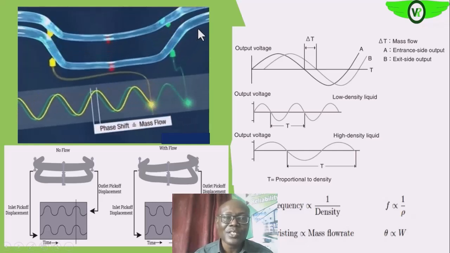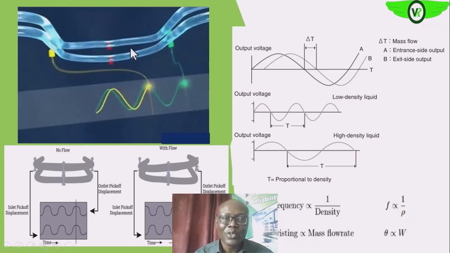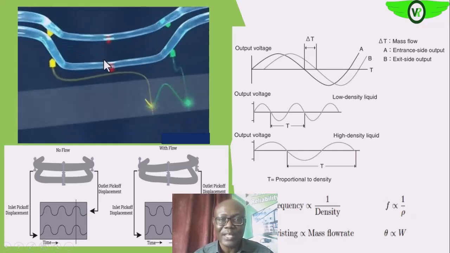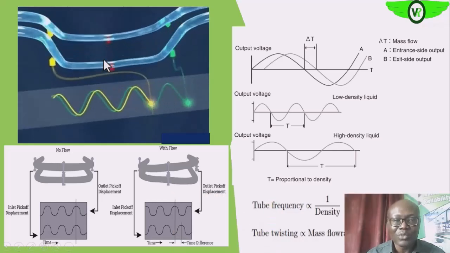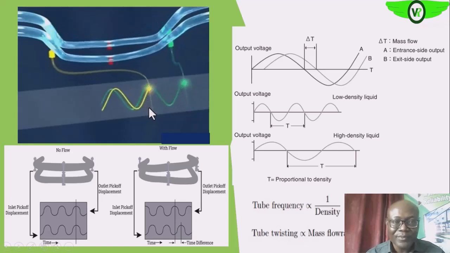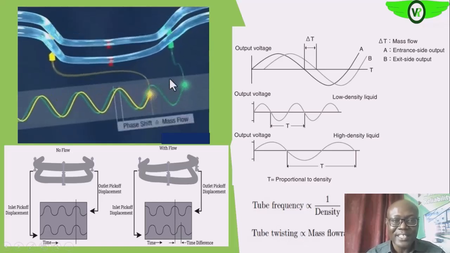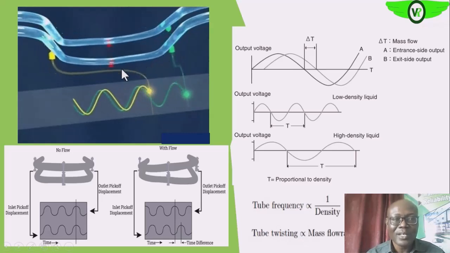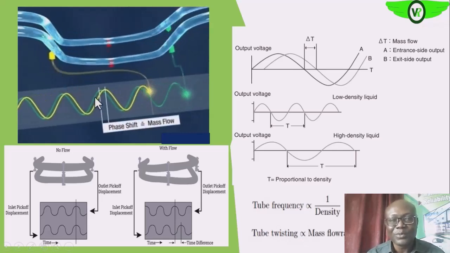Since we already have flow, the Coriolis effect will cause that twisting of those tubes, and that will cause the displacement of the signal generated or sensed at the input coil and the output coil.